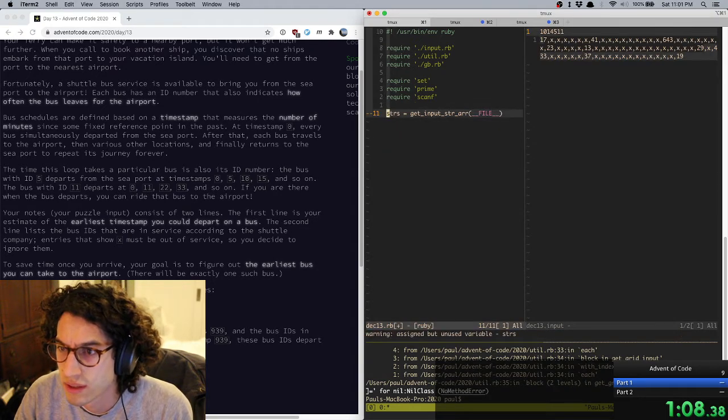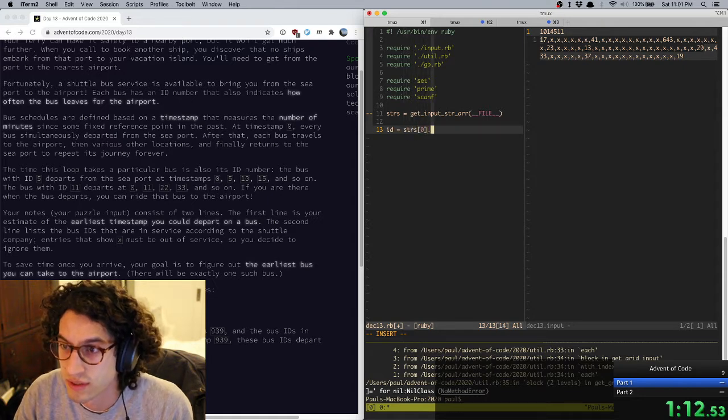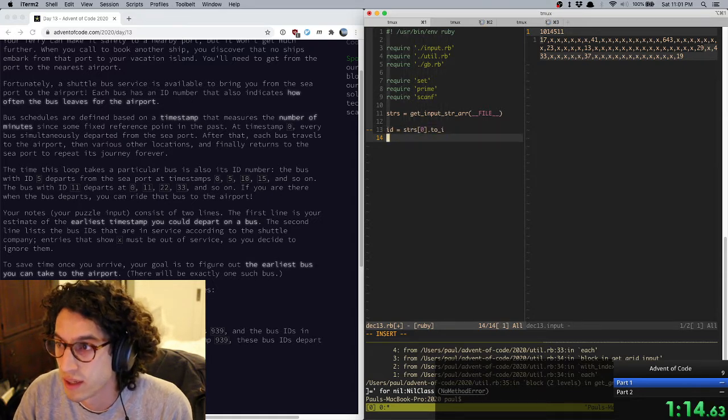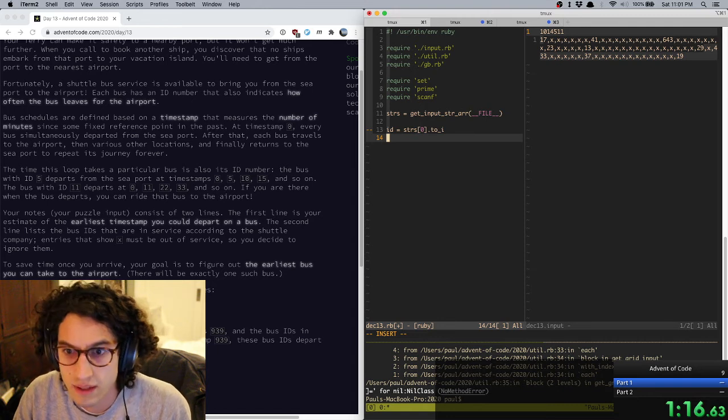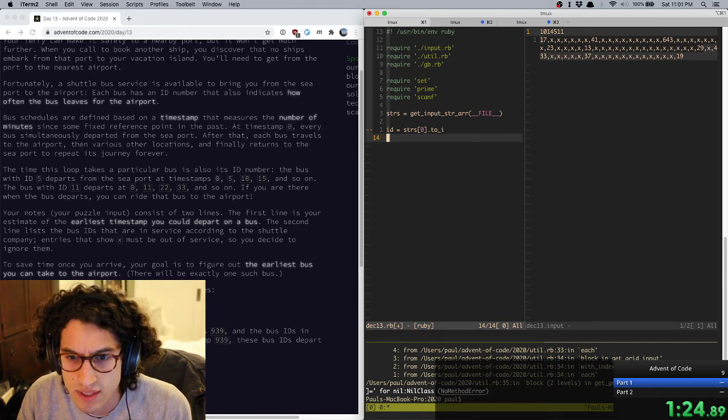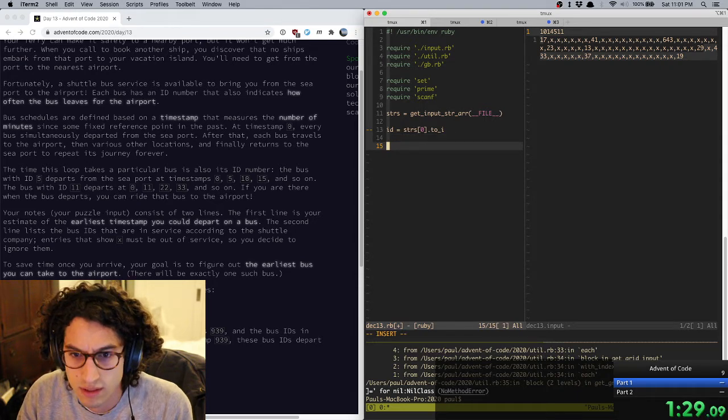The first line is your estimate of the earliest timestamp you could depart on a bus. Entries that show X must be out of service, but you decide to ignore them.